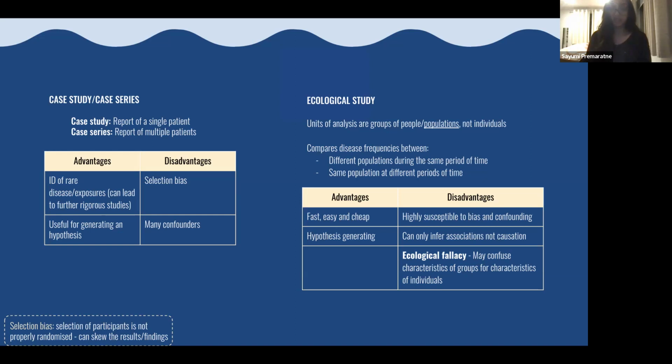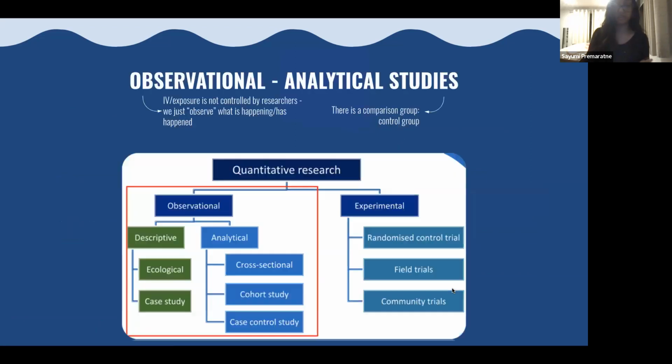So if we say on average Australians drink 20 glasses of wine a night, if we were going by the ecological fallacy, we would then attribute to an individual Australian that they drink 20 glasses of wine a night, which might not be true, because they might be having 1, 0, they might be having 100, who knows. But you can see why attributing the characteristics of the entire group cannot always be accurate.